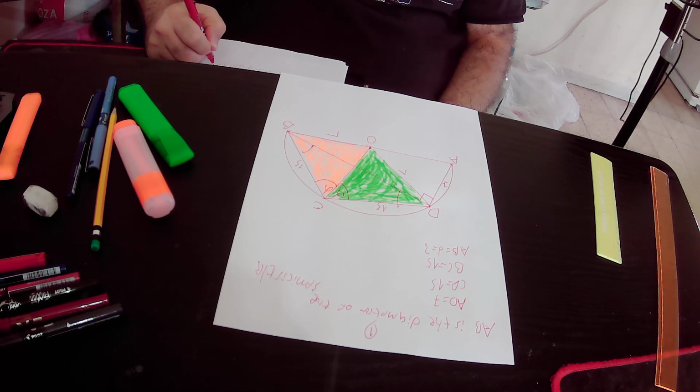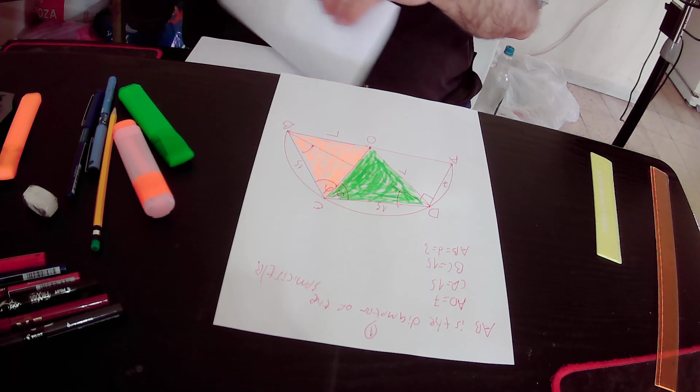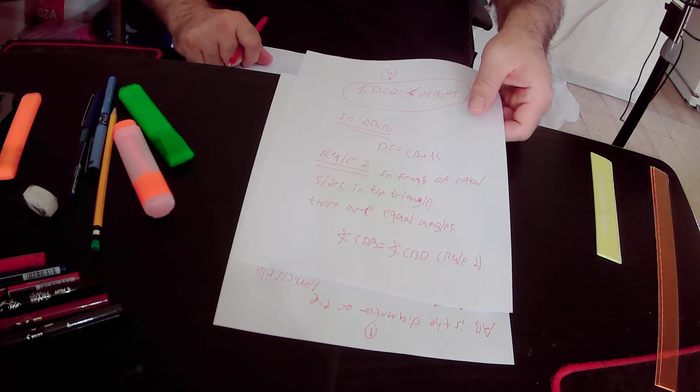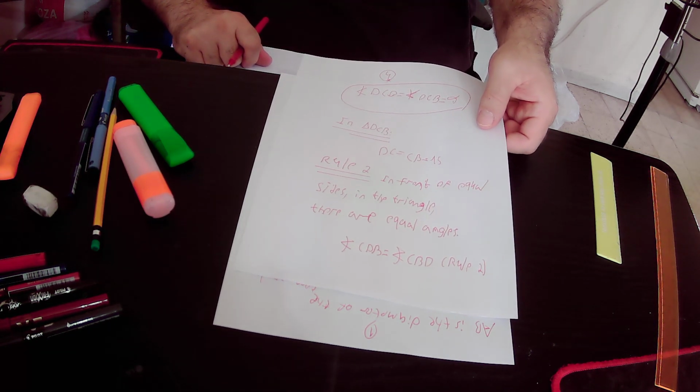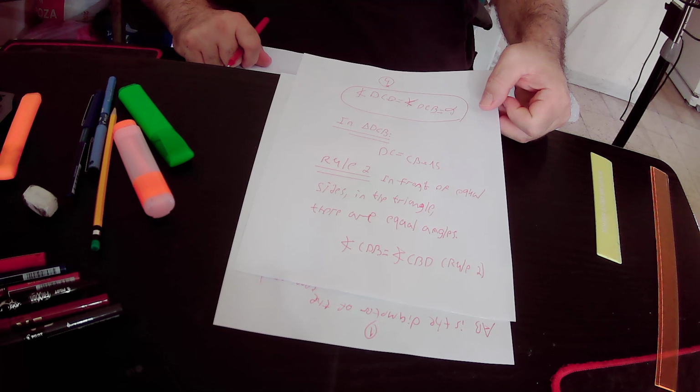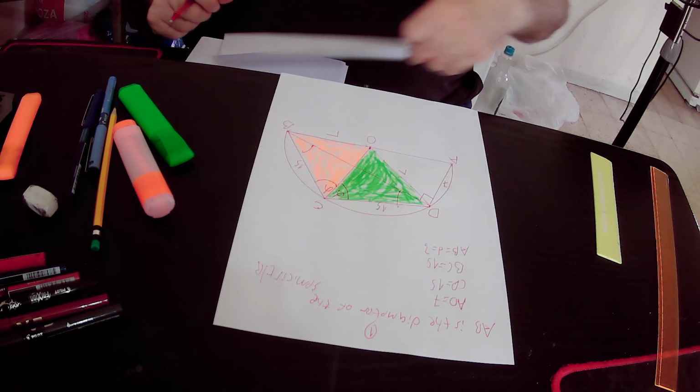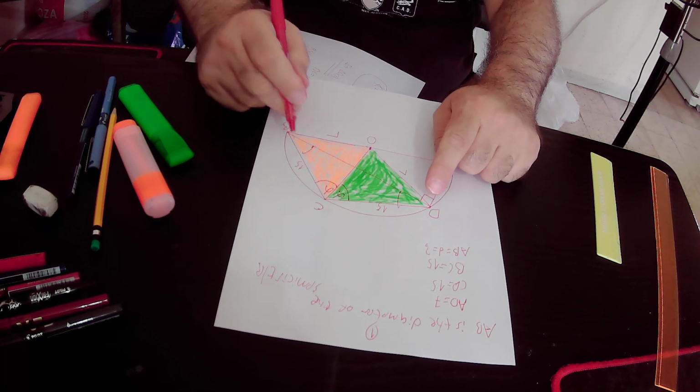Again, angle CDB is equal to angle CBD. According to rule number 2, those two angles are equal to each other.